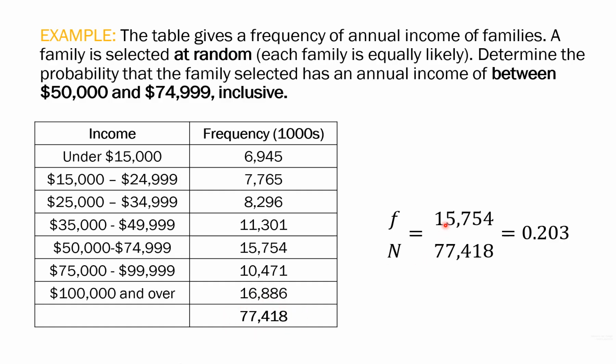And then we can take this number divided by this number, and for whatever reason, the division sign's not showing up, so just know that there should be a line in here. And if we do that, then what we get is 0.203, or you could say roughly about 20%.